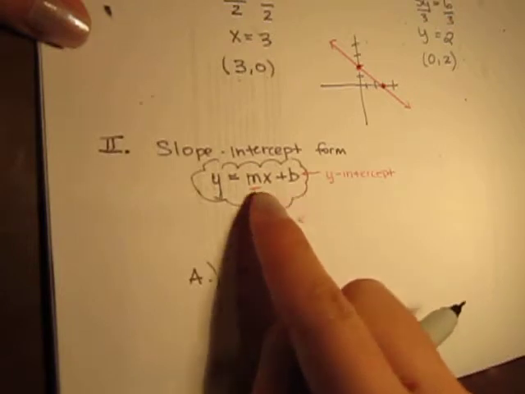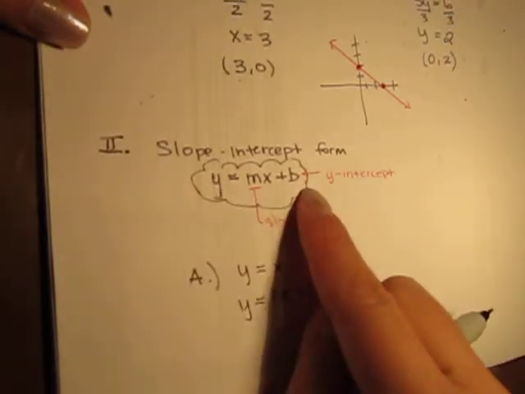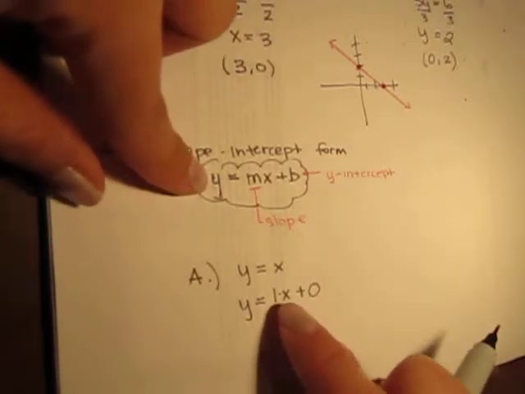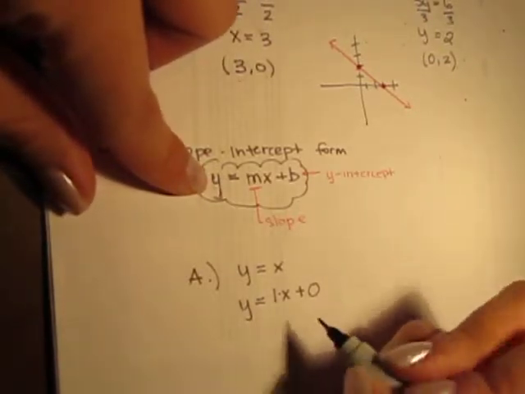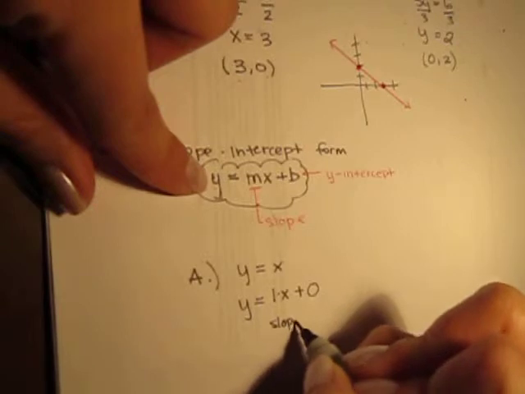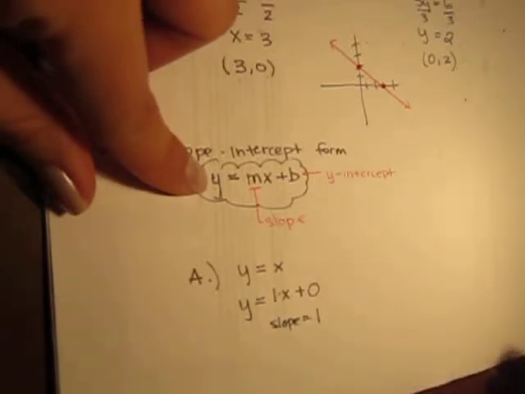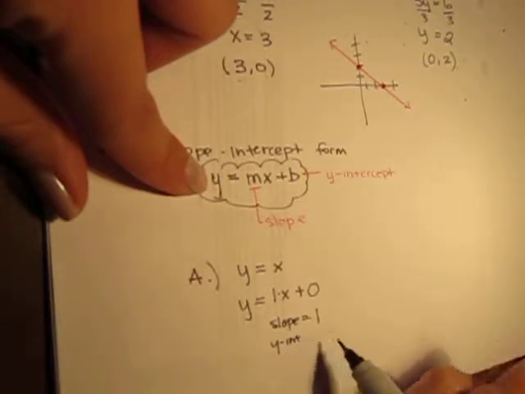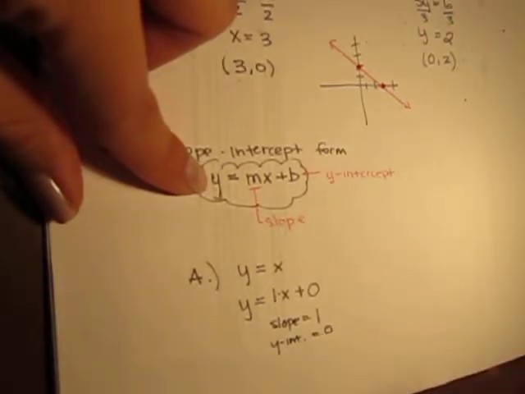So now here we go. We have the same form as the slope-intercept form, meaning that I could quickly graph this, and I can identify the slope as being 1 and my y-intercept being 0.